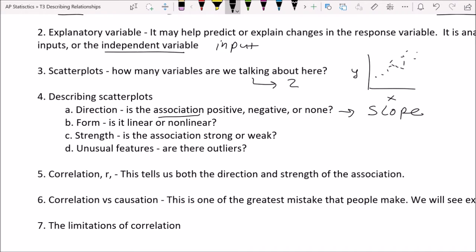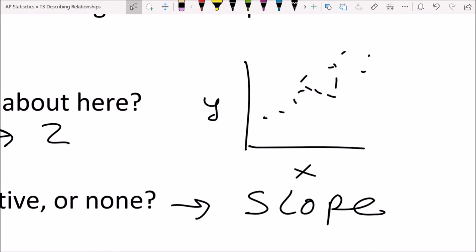And then we look for any unusual features, like is there an outlier? Now an outlier means something a little bit different on a scatter plot. An outlier would be like if, on the one that I have right here, there was a dot down here. Because you've got a pretty strong upward trend, and then, whoa, what's going on down here? There's a dot that really doesn't fit the pattern. So that's what we mean when we say an outlier in this case.